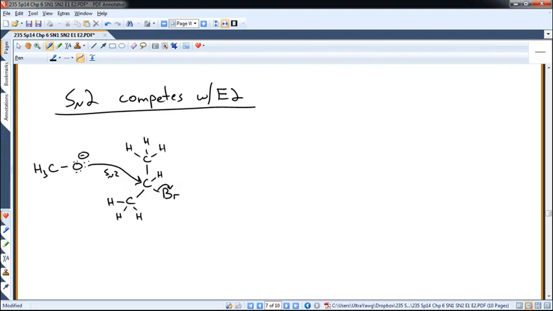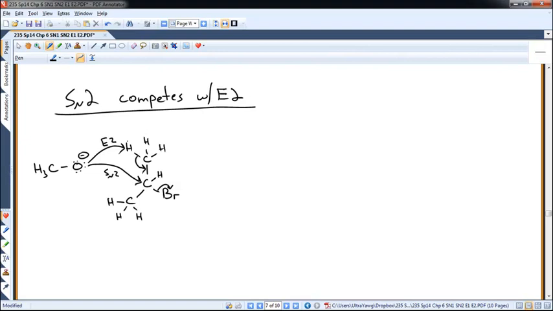However, what would happen if methoxide, instead of acting as a nucleophile, decided to act as a base and instead remove that proton? It's a relatively strong base, and so removing a proton is what they do. The electrons would snap down to form the alkene, and then the bromine would leave. Is it possible that you can get anti-periplanar or anti-coplanar conformation with this structure? You bet.